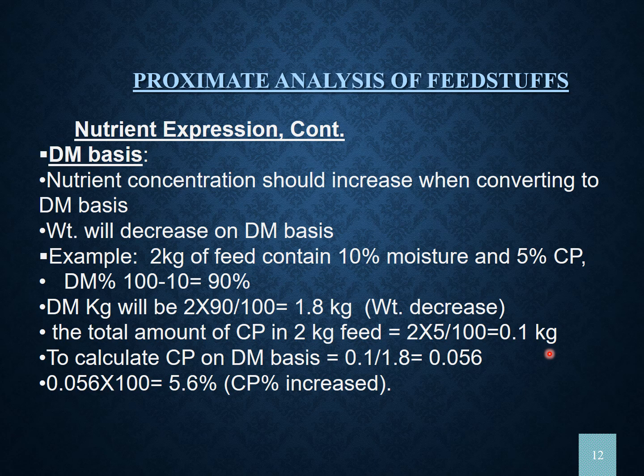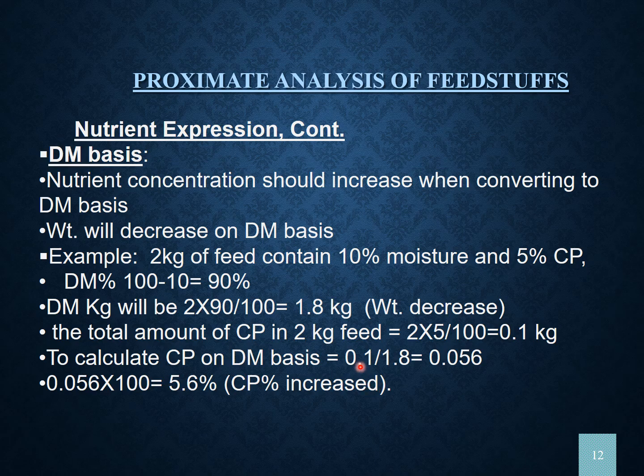So we want to convert the crude protein concentration to dry matter basis. After we know the amount of crude protein in kilograms, not a percentage, we can calculate the crude protein on dry matter basis by dividing the amount of crude protein in kilograms by the amount of dry matter of the feed.